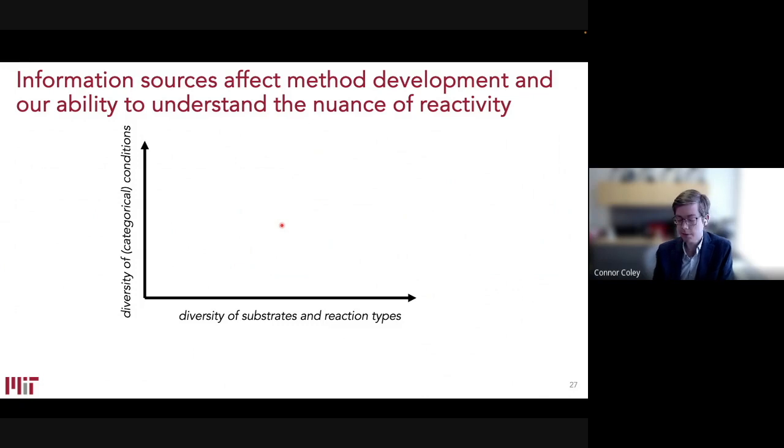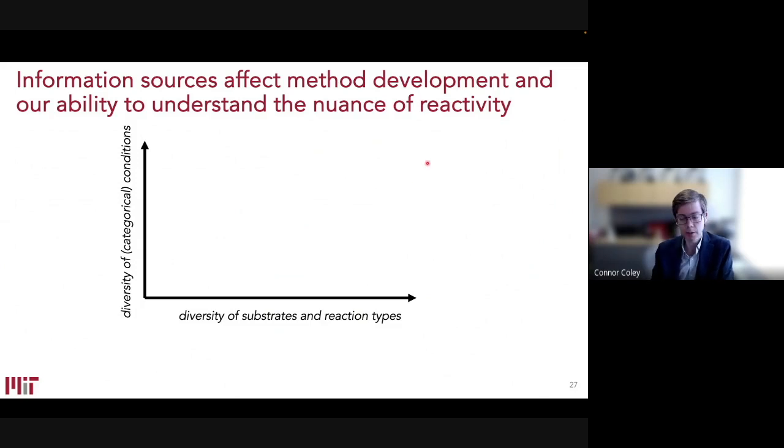And we can think about, for synthetic organic chemistry, having this data landscape where we can think about two different axes of diversity here. So we've got the diversity of different molecules and reaction types, so types of structures and types of transformations. And on the y-axis, we have the diversity of conditions. So what base or catalyst do we use for this particular reactants to products transformation?